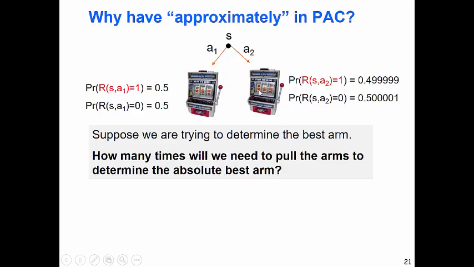So to get a procedure that's going to determine which is the best arm, is it going to be hard to do that? Are you going to need a lot of pulls or a small number of pulls, do you think?